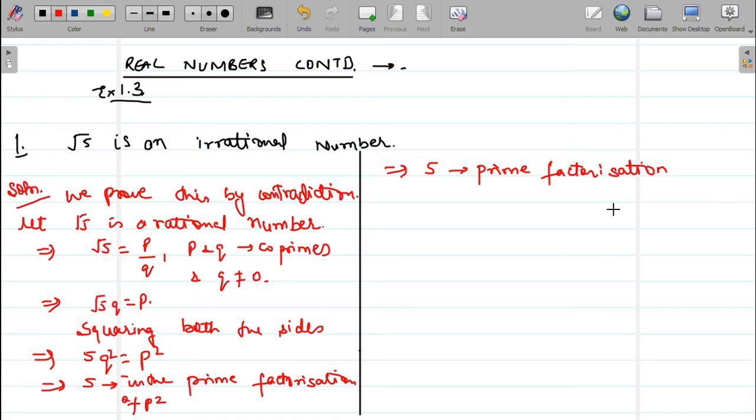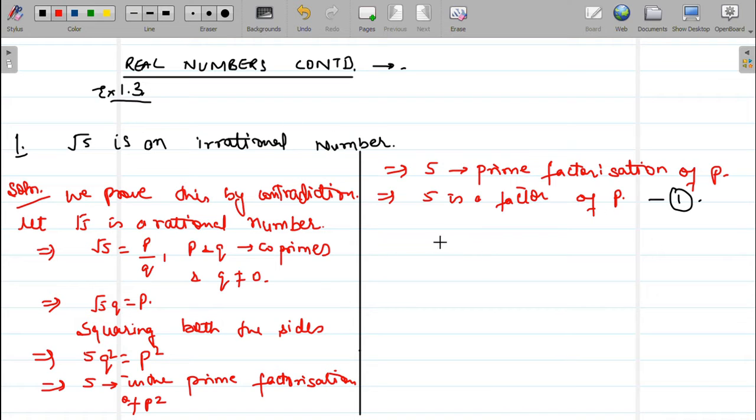The factors are the same. So if 5 is a factor of p square, then 5 is a factor of p also. I'll write once again, 5 is a factor of p. Let me mark this as number 1.